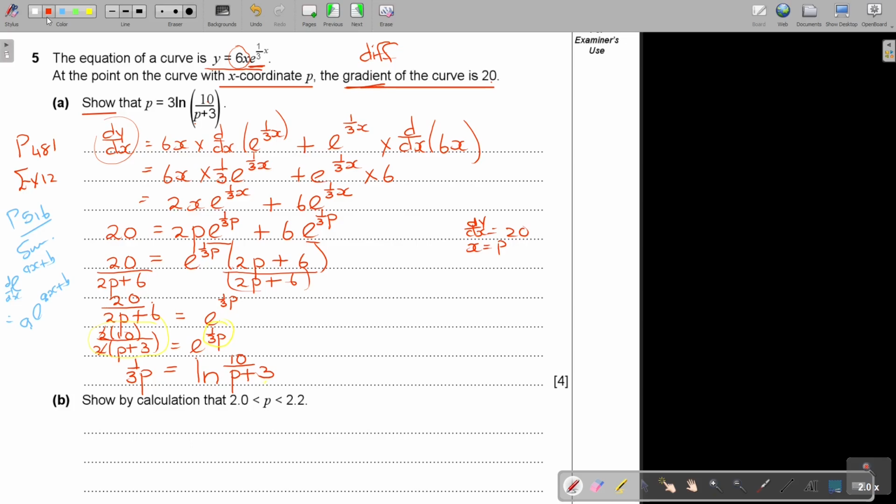So therefore, to get p, it will be 3 ln of 10 over, I can always put a bracket there, p plus 3. And did you see, when I see the word show, you don't use it, you arrive, you come to that answer. Okay, don't work with that answer. Work with the original and just end up. They actually just say, come to that answer.